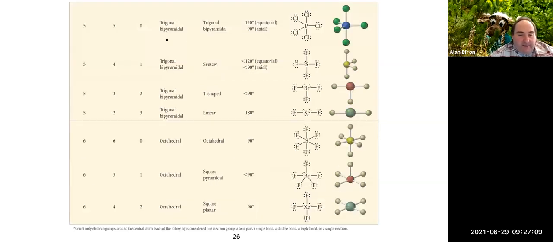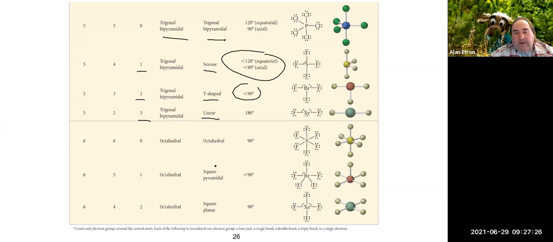Same thing here, no non-bonding electrons, both the same name. Start introducing some non-bonding electrons, we start to get some different shapes, and obviously a little less in terms of our bond angles along here.